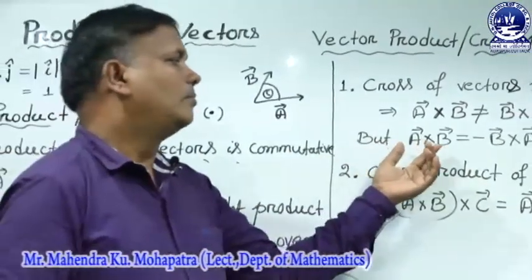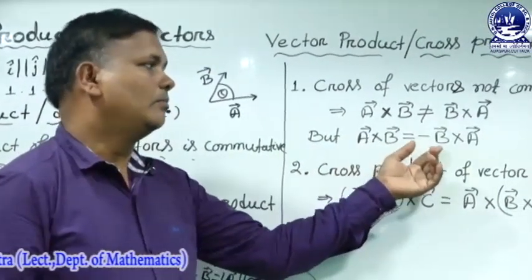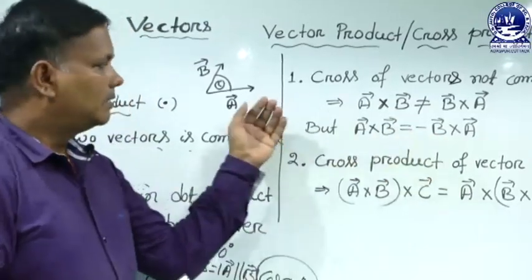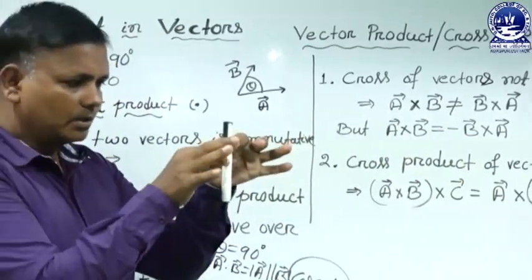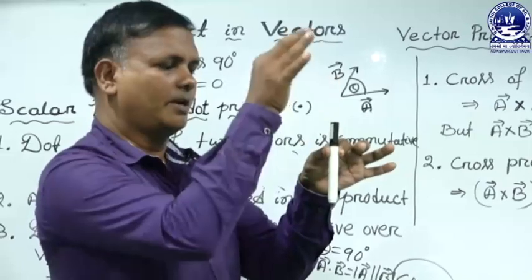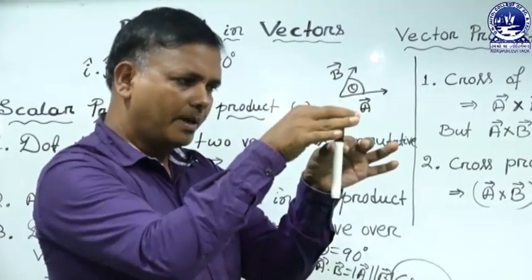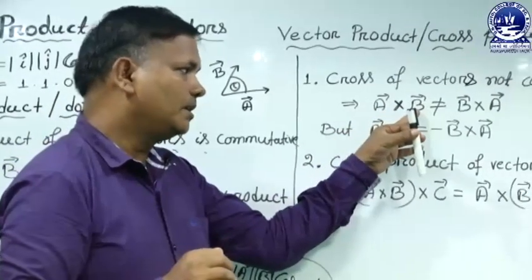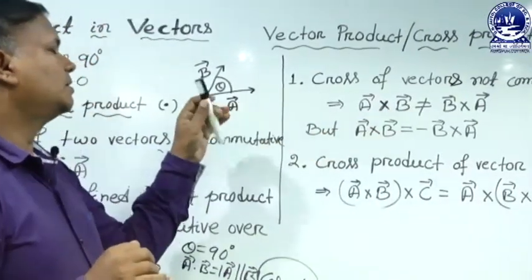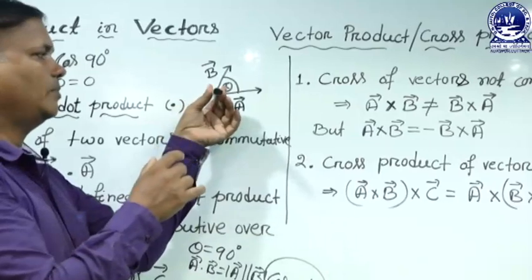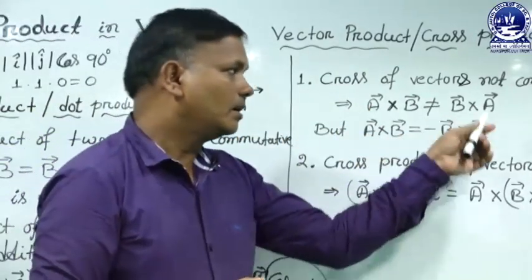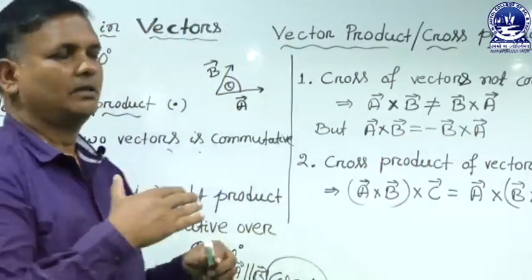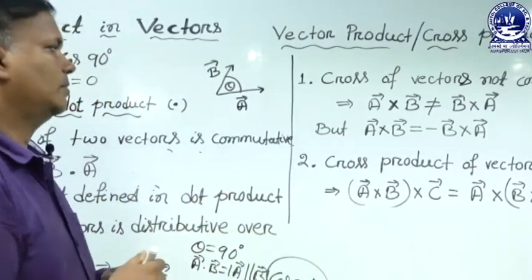So, A cross B is equal to minus B cross A. That means when we open the cap, the direction is upward, and when we close it, the vector is reversed. If A is multiplied with B, the result is outward to the whiteboard. But when B is crossed with A, the result is inward to the whiteboard.